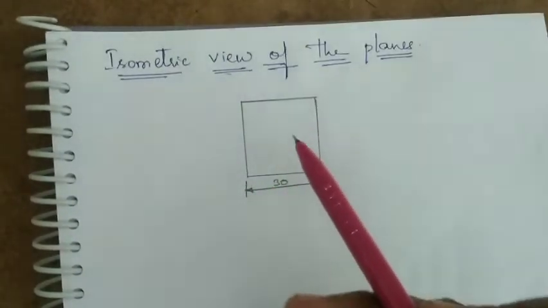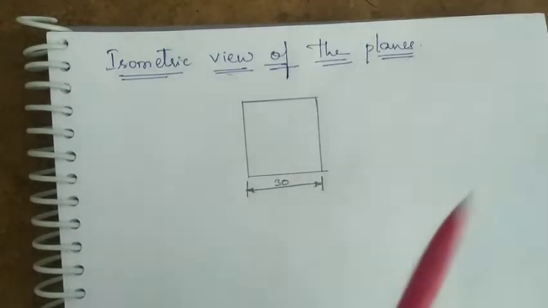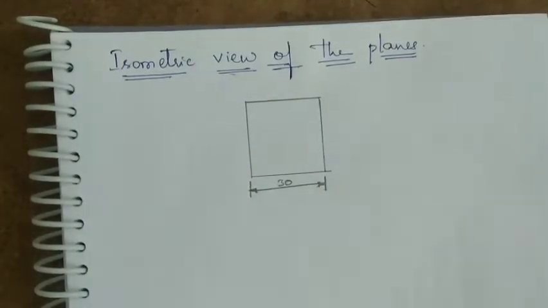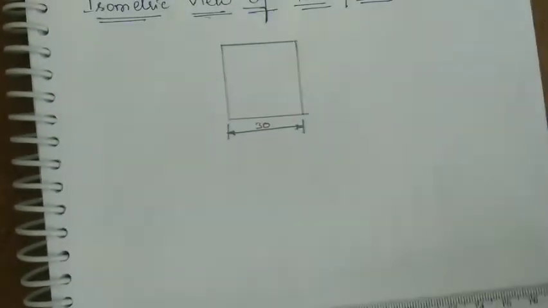When it is parallel to VP, how you need to draw and what things are visible, I'll explain in detail. First, how we need to draw.